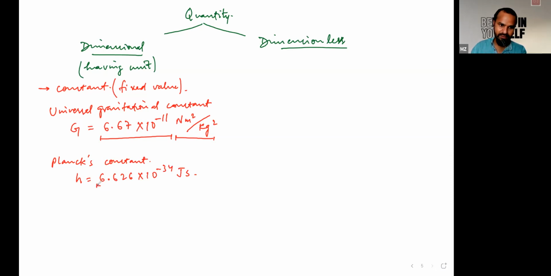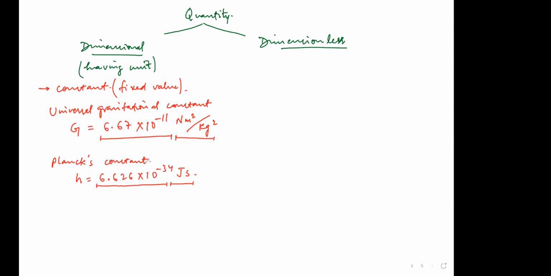So again it has a constant value and a fixed unit, on the basis of which we can define dimension, and its value would remain the same for the entire universe. So we can call it a dimensional constant term. Is it clear, Alan? Yes, sir. Ifra, any doubt?